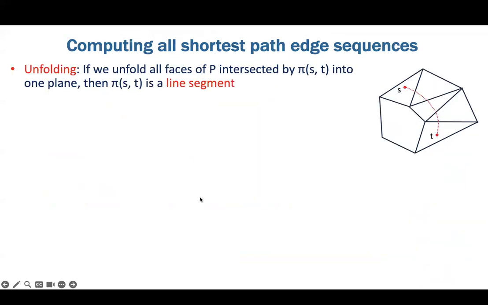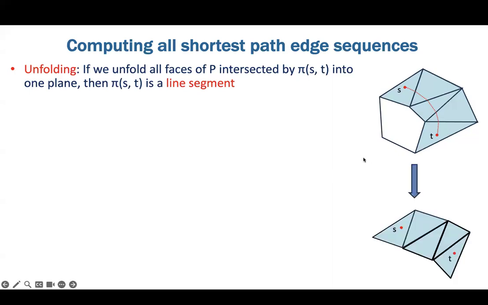Another related problem we considered is to compute all shortest path edge sequences. Here we introduce unfolding. If you have a shortest path like here, and those are the faces intersecting this path, we can unfold them in one plane, and then the path from S to T becomes a line segment, which makes sense, right?